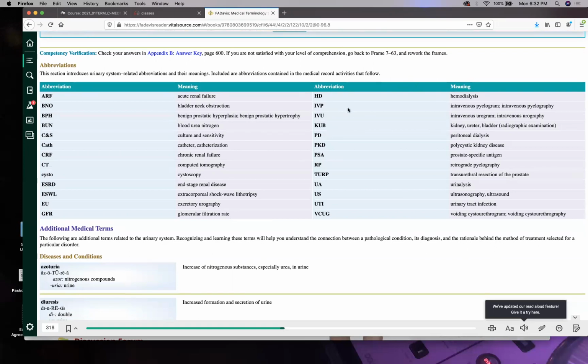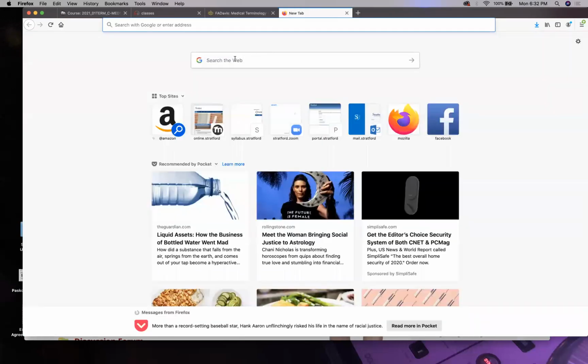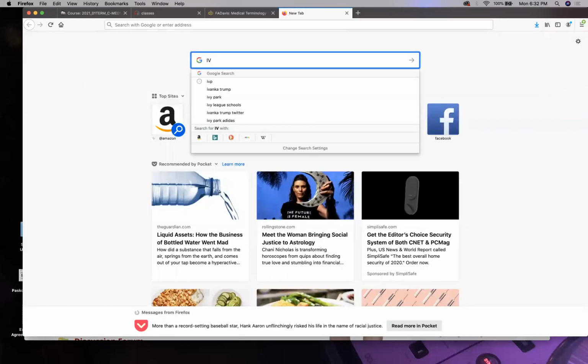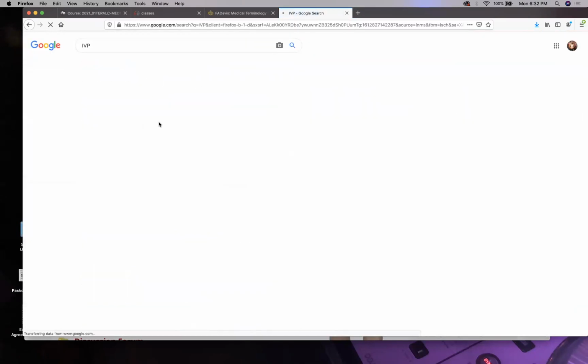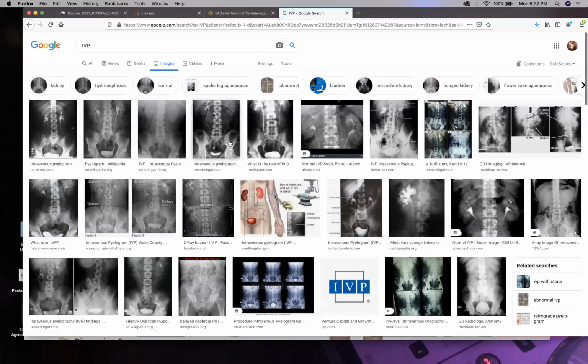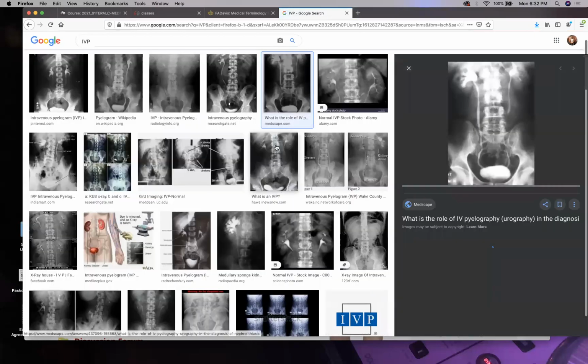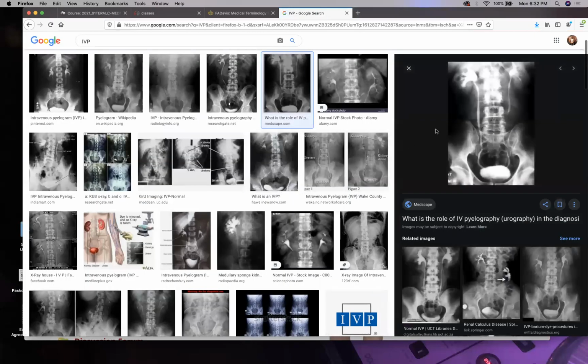IVP is intravenous pyelogram. Now, let me show you what an IVP looks like. Intravenous means we put something in your blood. Pyelogram, right?